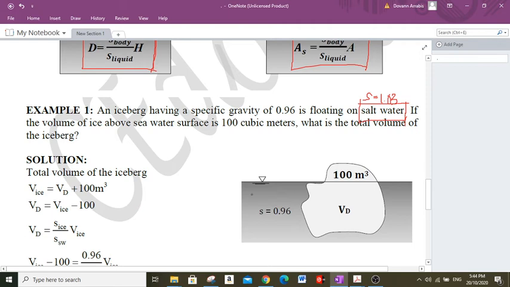Because it is stated in the problem that 100 cubic meters of the object is above the water surface, we can create an equation: the total volume of ice is equal to the volume displaced plus 100 cubic meters, the volume exposed.